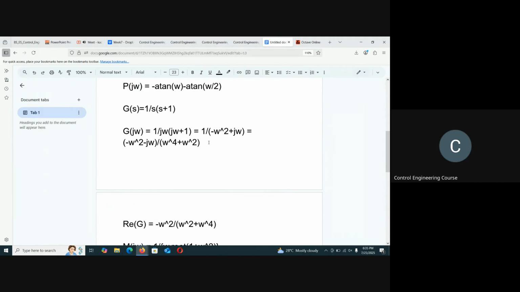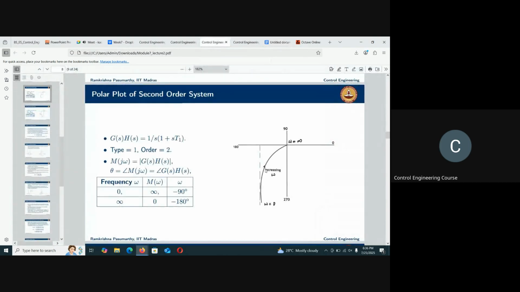Well, I can cancel omega square, right? Correct? Got it? Fine. So when omega equal to 0, what's the real part? Put omega equal to 0, what's the real part? It's -1.